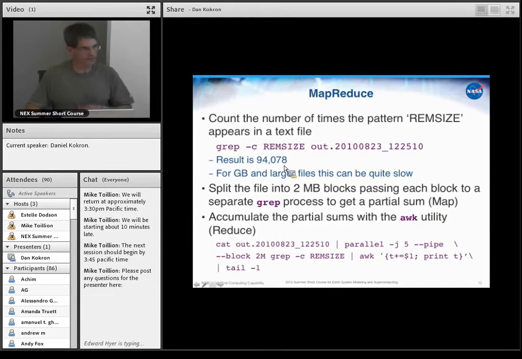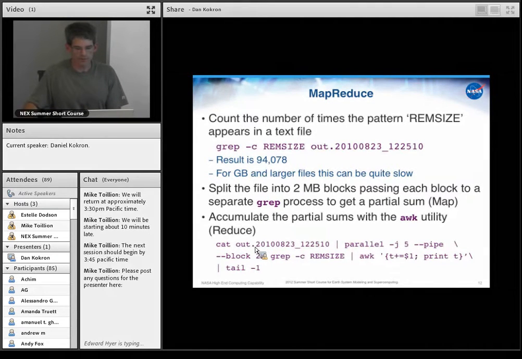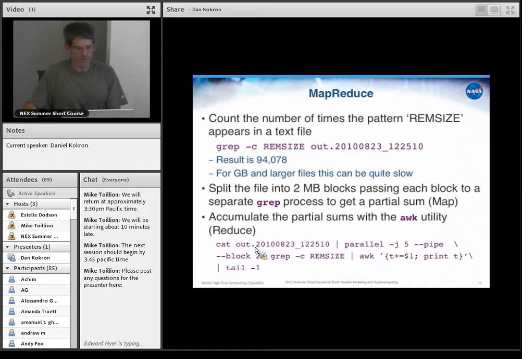We're going to split it up. We're going to run 5 jobs. The block size is 2 megabytes in this case. The command we're going to run is grep -c for this pattern. And then we're going to aggregate all those intermediate results with this awk command, and the tail just prints out the last entry from the rest.